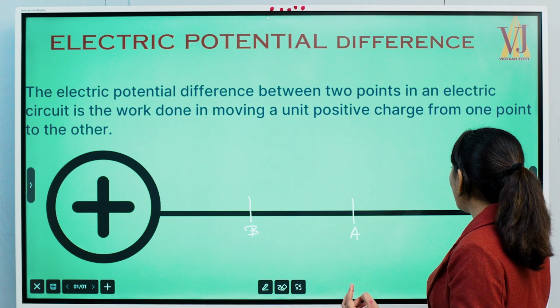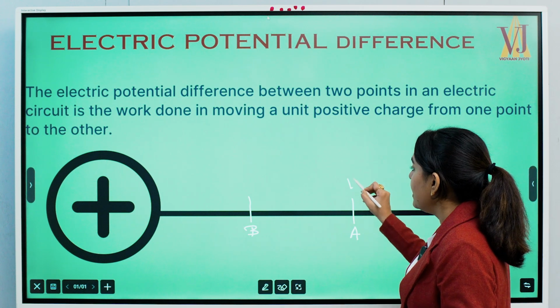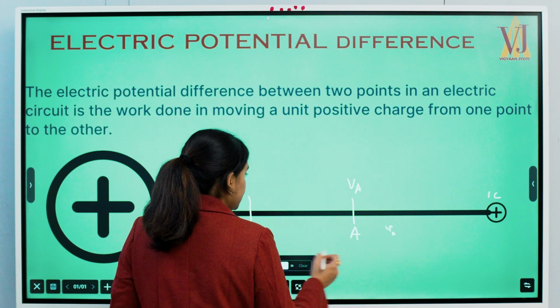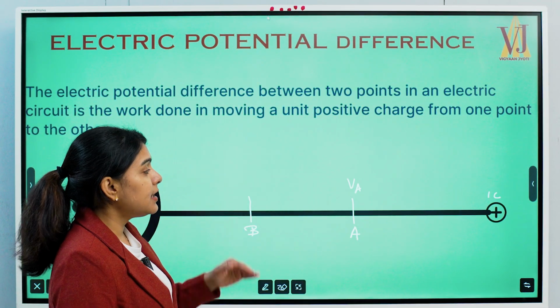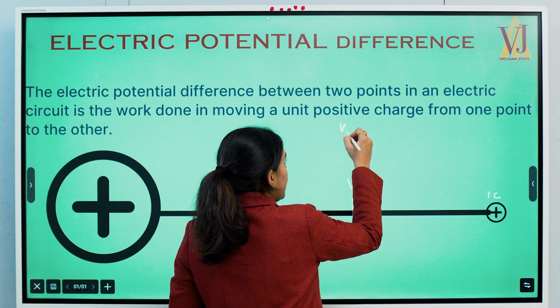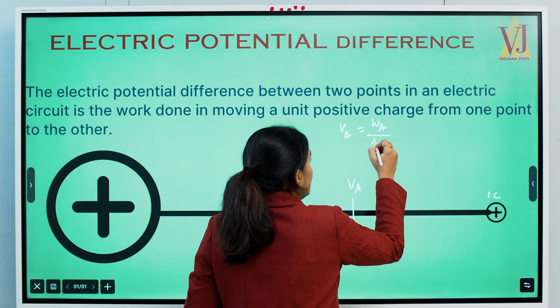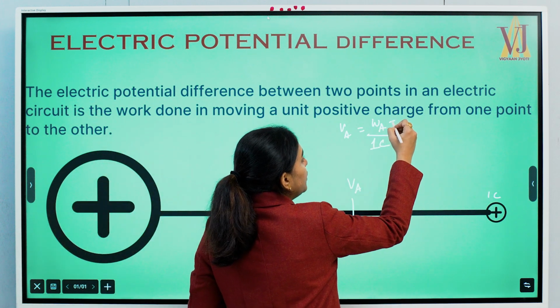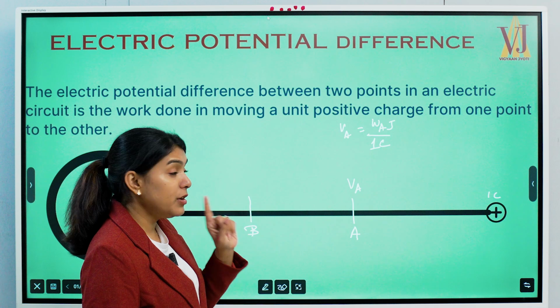When I bring it to VA, this much work I have done. So VA is equal to the amount of work done in moving a unit charged particle. That means you have done WA joules in moving a unit charged particle. Unit means 1.